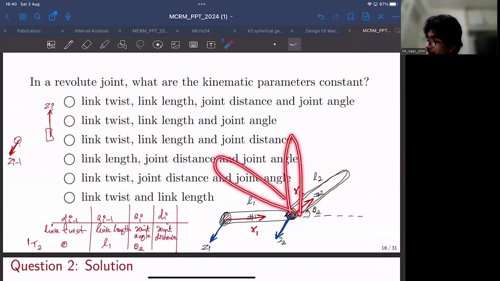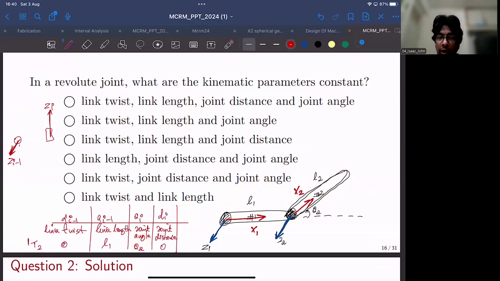So the value of theta 2 is always varying. And the joint distance, similarly, is going to be a fixed constant for a revolute joint. It does not really have to change. So the only variable for a revolute joint is theta 2, or the joint angle. All the other things are constants.